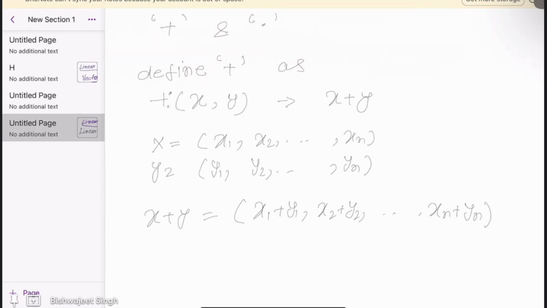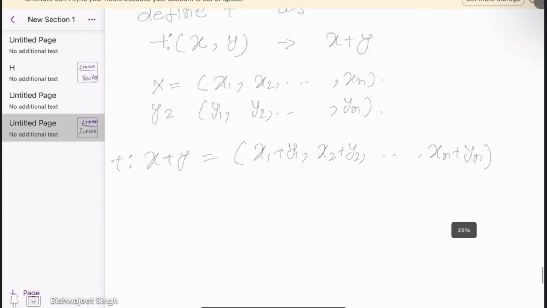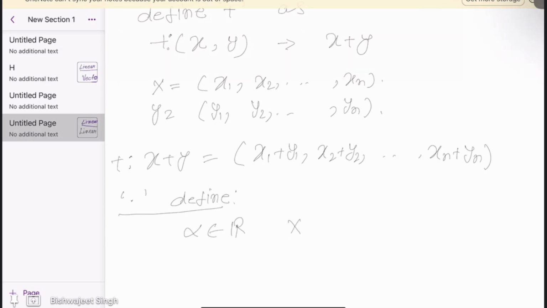So we took any two elements of Rn and we defined the plus operator like this. Similarly, we defined the dot operation. For alpha belonging to R and x belonging to Rn, x will look like x1, x2 up to xn.